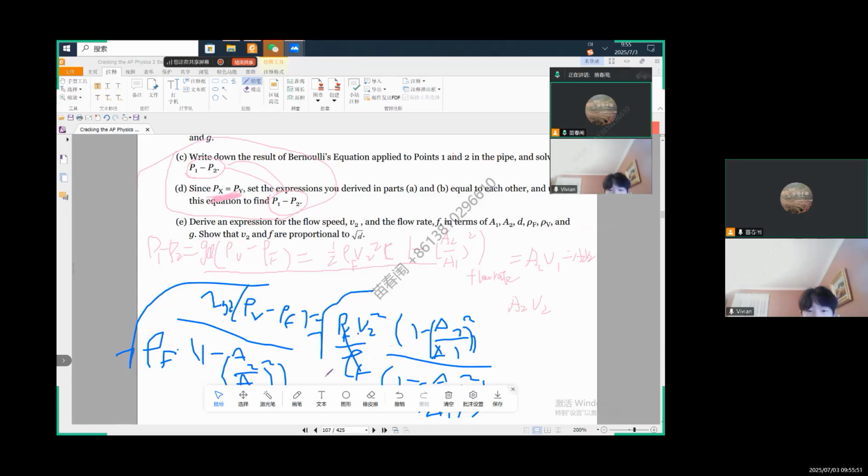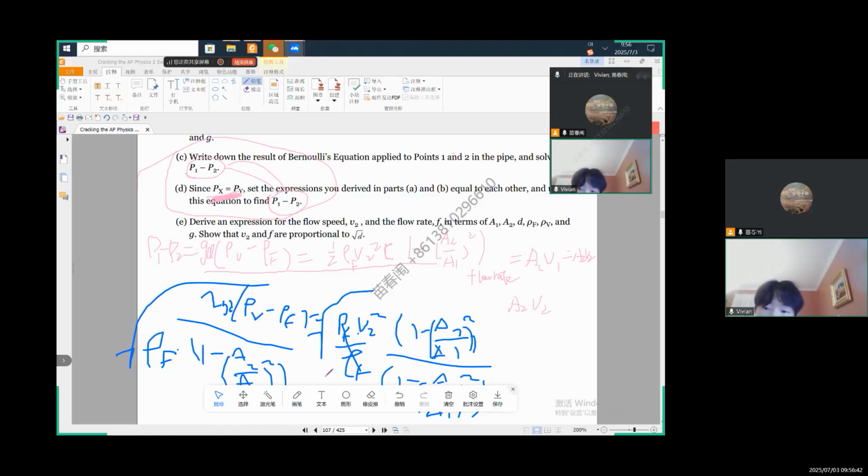And also in the end, they want us to show that V2 and F are proportional to square root D. F is the flow rate.